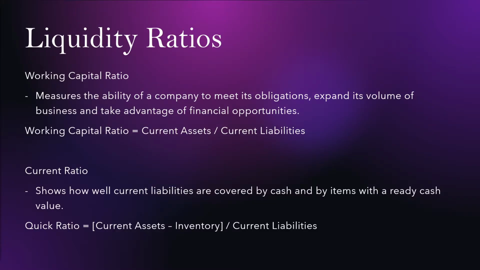Now, moving on to liquidity ratios. So we have the working capital ratio, and this is essentially a ratio that measures the ability of a company to meet its obligations, mainly short-term debt. So the ratio is calculated based on current assets divided by current liabilities.